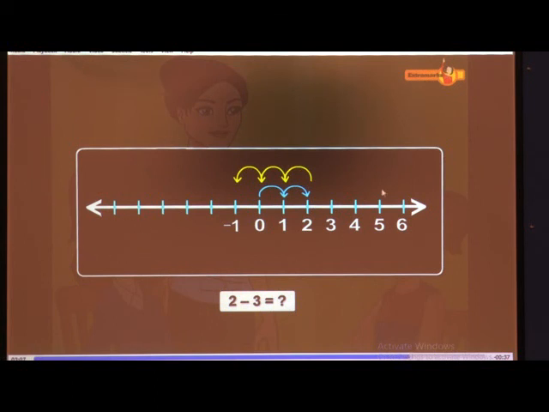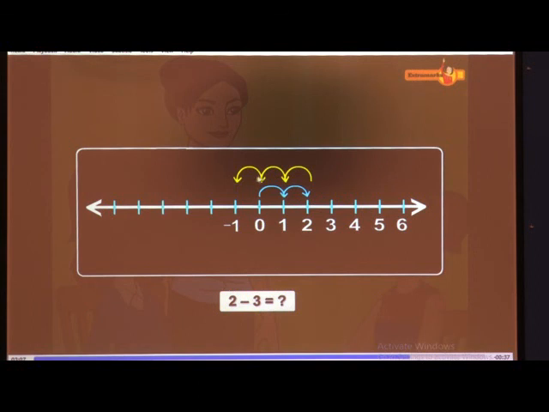So, this is a number line which has positive numbers on the right hand side and the negative numbers on the left hand side, and in between we have 0. To do this calculation, 2 minus 3, first of all we have to jump 2 steps forward from 0.